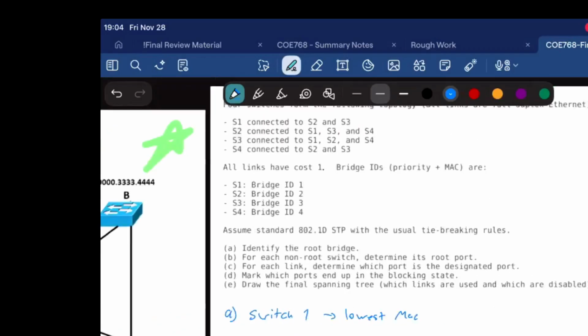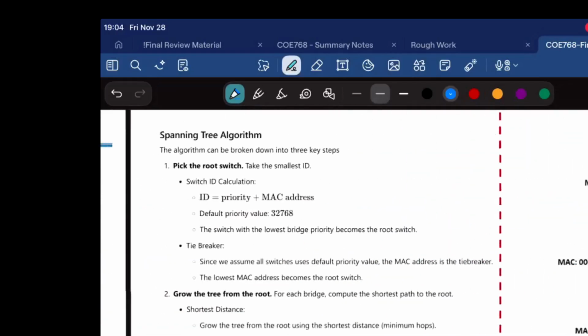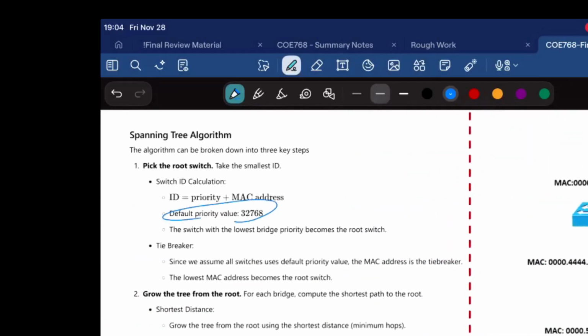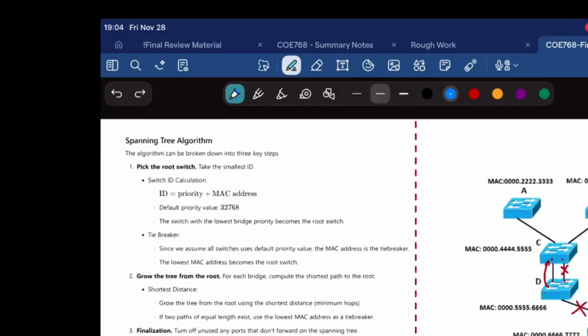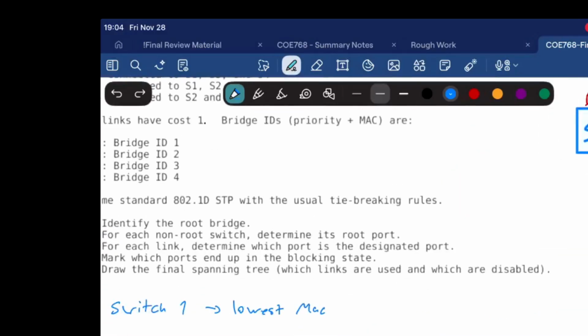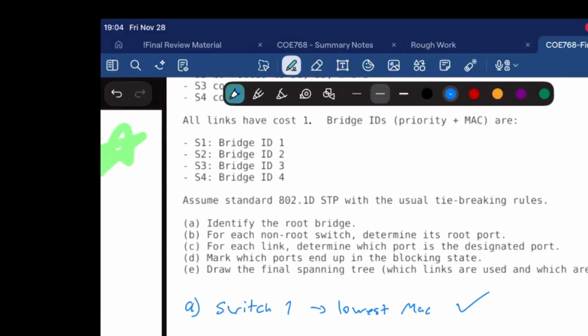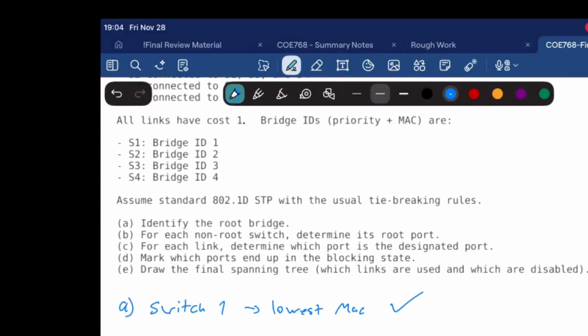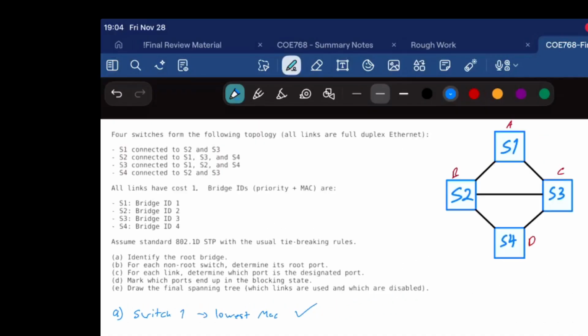And as in the previous question, we're not told what the priority levels are. Therefore, we can assume that this would be valid. I'll just move up to a thicker marker.